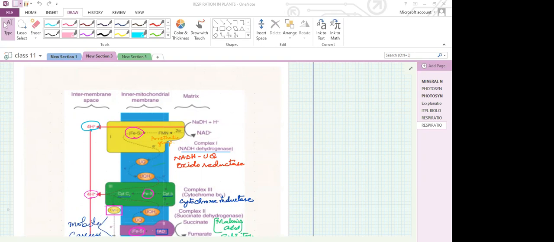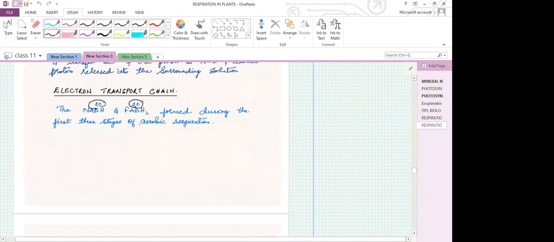So now here there are majorly 4 complexes and 2 mobile carriers. You can mark it. 4 complexes and 2 carriers. So let me write that here. There are majorly 4 complexes and 2 mobile carriers.